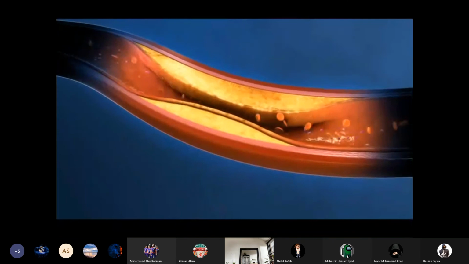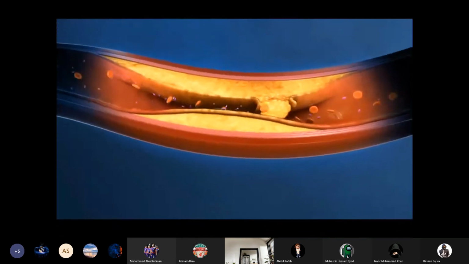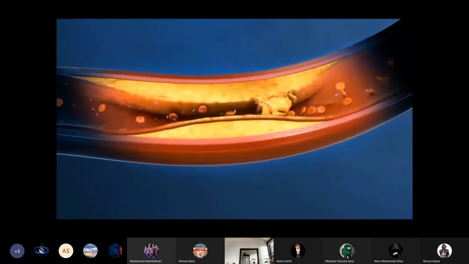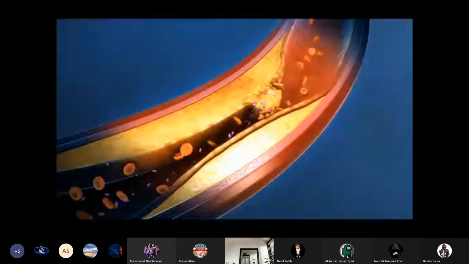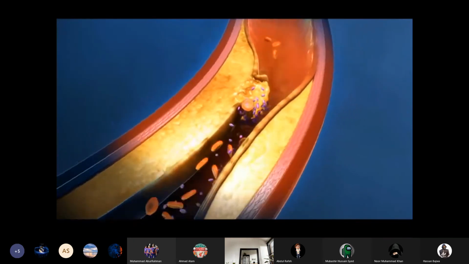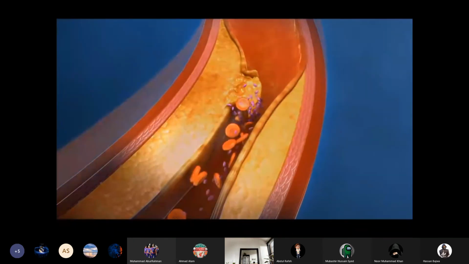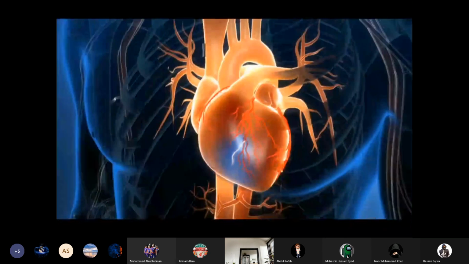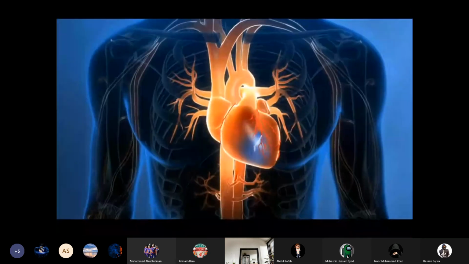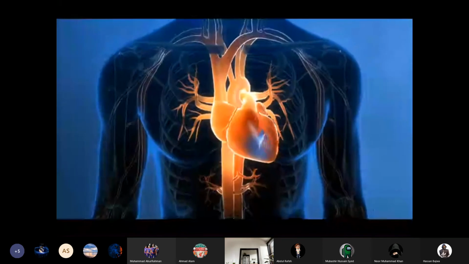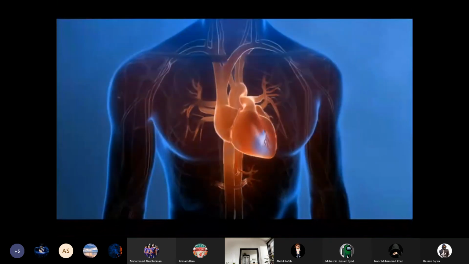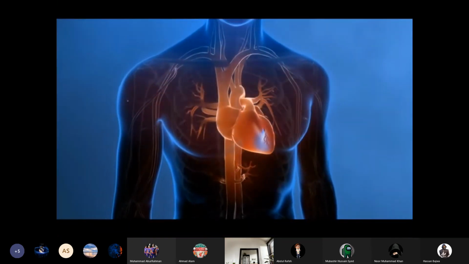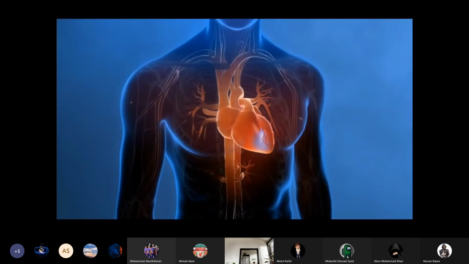The plaque buildup may break open, what doctors call rupture, and a blood clot then forms over the rupture site. When that happens, the blood clot can partially or completely block the coronary artery. As a result of this blockage, less blood flows through to the heart muscle, starving the heart of the oxygen and nutrients it needs. As you'll see in the next chapter, this causes the chest pain or other symptoms that you may have experienced.